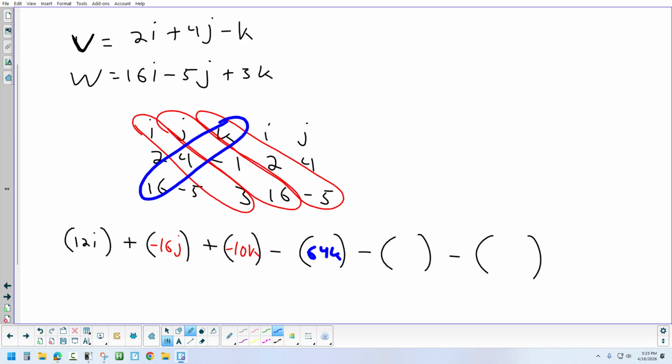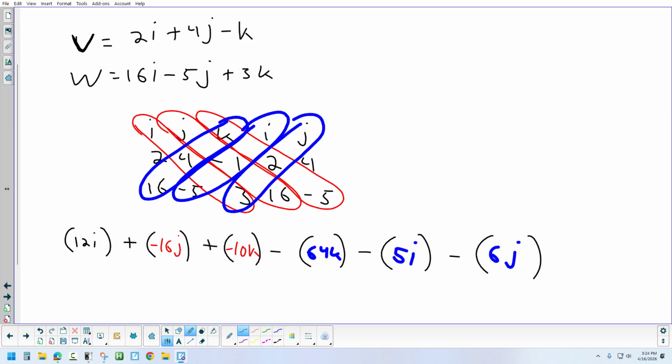Negative 5, negative 1, I. And what do those multiply to? 5I. Yep, and that'll be subtracted. And Eileen, the last term we have to fill in? 6J. Yep, J times 2 times 3, which is 6J.